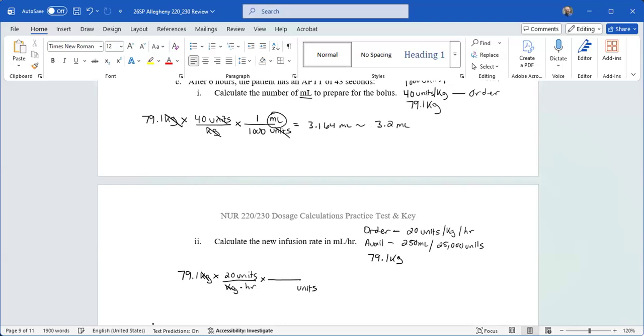As long as we're all getting the same answer, that's really what it comes down to. 250 ml, 25,000 units. So units cancel. Before I do any math, I'm in the correct mL per hour. And then I get 15.82 milliliters per hour. And then we're going to round that to the nearest tenth, which is 15.8 milliliters per hour.